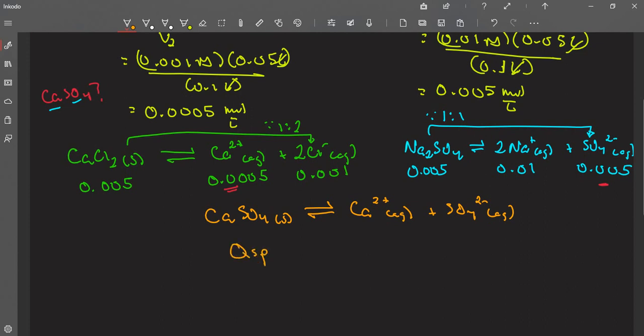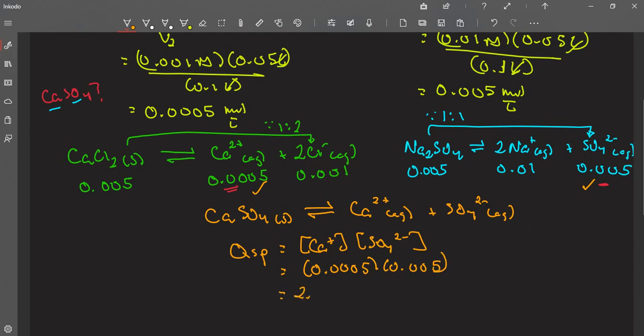Instead of KSP, since we don't know if it's at equilibrium, we have to write QSP. And that is equal to the concentration of calcium and the concentration of sulfate ions. We have these things, calcium and sulfate. Plug those in. Okay, and we get 2.6 times 10 to the negative 6.